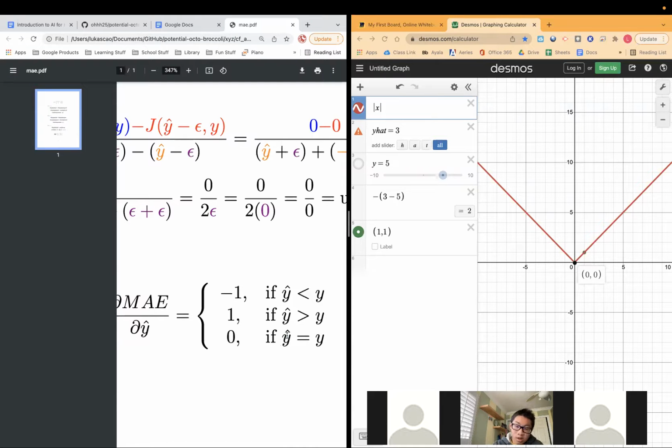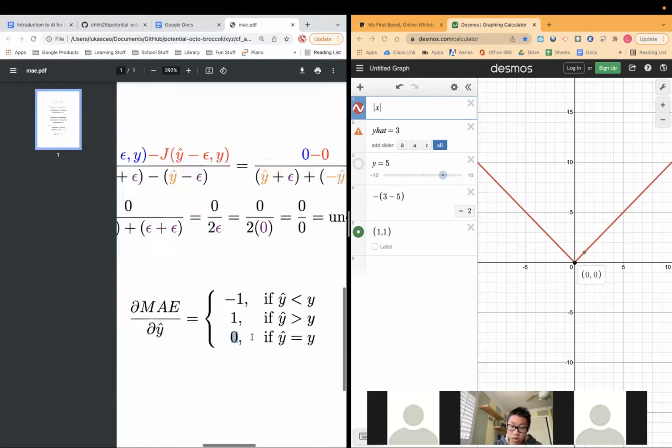Okay, so it's because when they're equal to each other, you predicted correctly. So if you predicted correctly, then you wouldn't need to increase or decrease the weight, and then you have 0 for the slope.